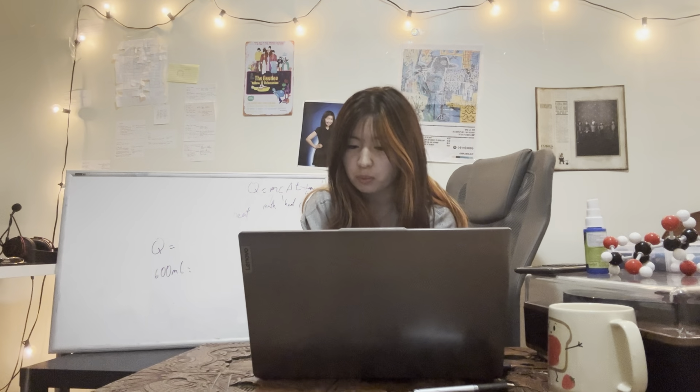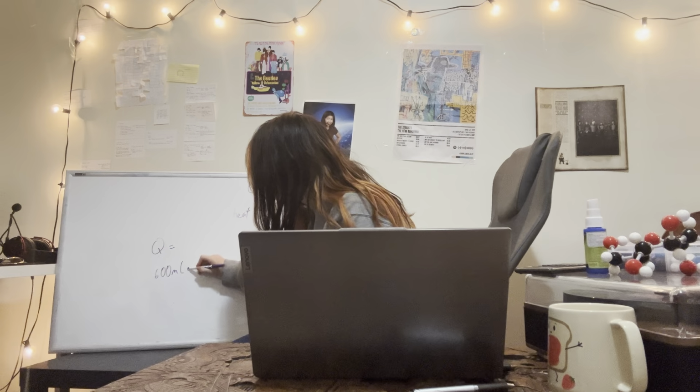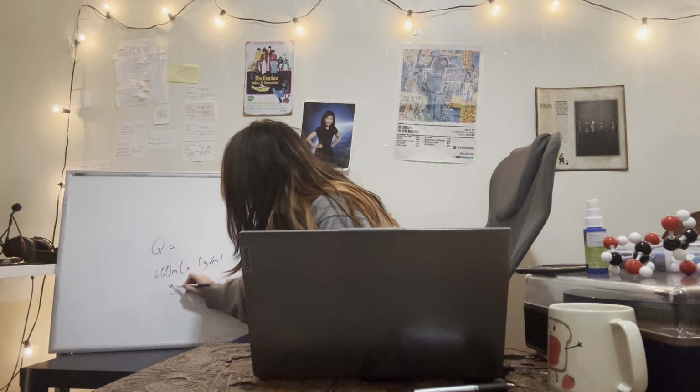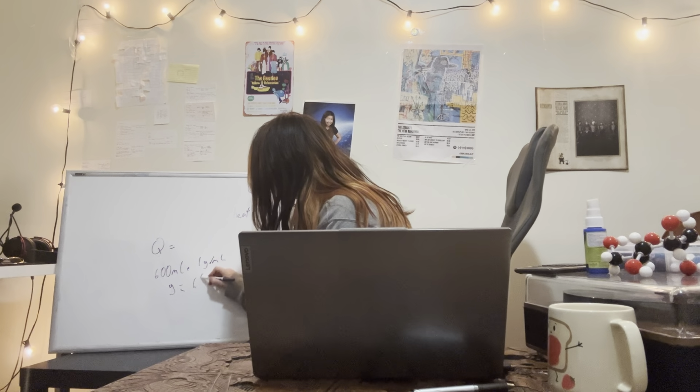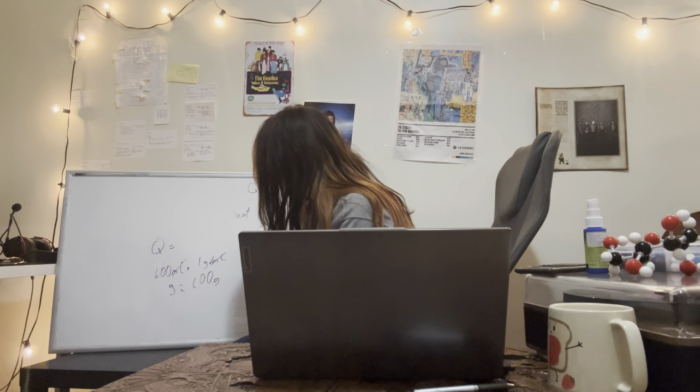Since the density of water is 1 gram per milliliter, the mass of the water in grams is also just going to be 600 grams, since the milliliters cancel out.